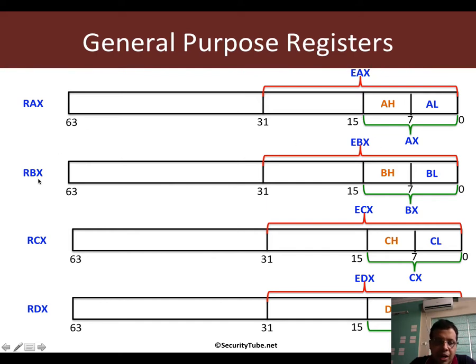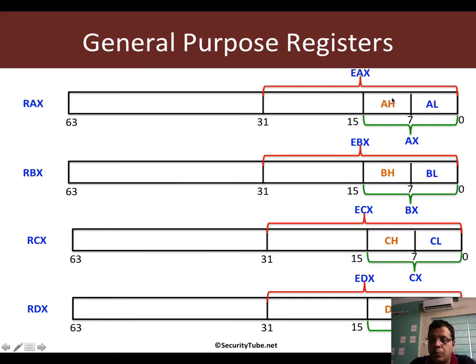Similarly, you have RBX, RCX, and RDX, which are again subdivided into EBX, ECX, and EDX for the lower 32 bits, and then you have BX, CX and DX for the lower 16 bits, and then BL, CL and DL for the lower 8 bits, with the possibility of also accessing the higher byte of BX, CX and DX using BH, CH and DH.